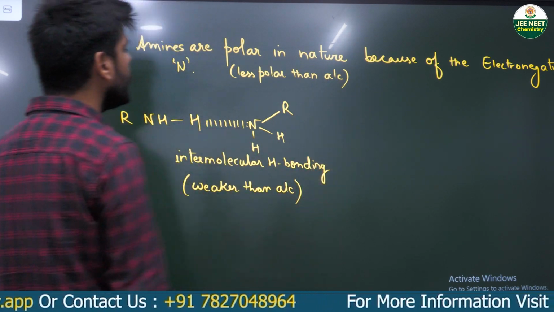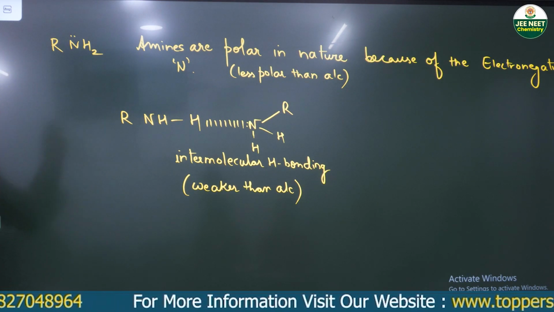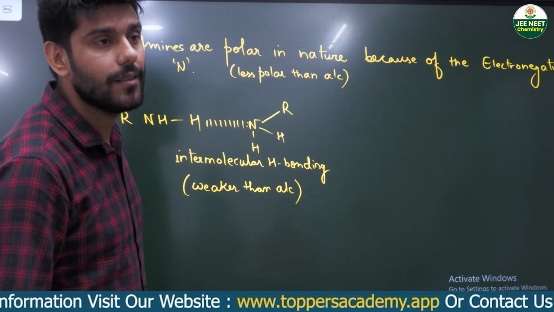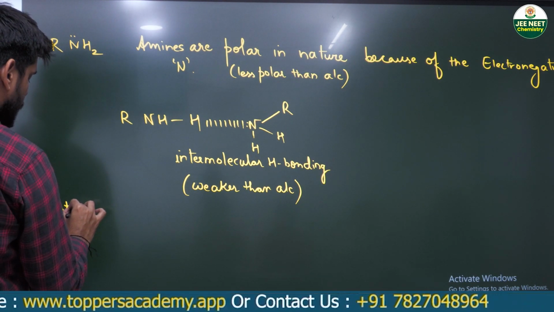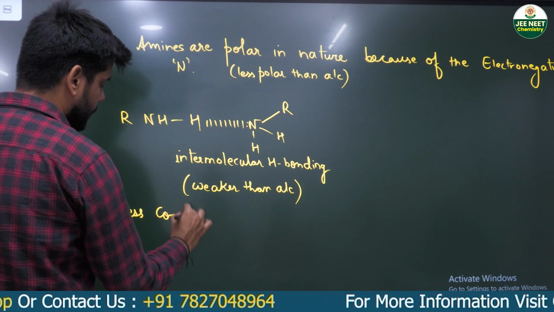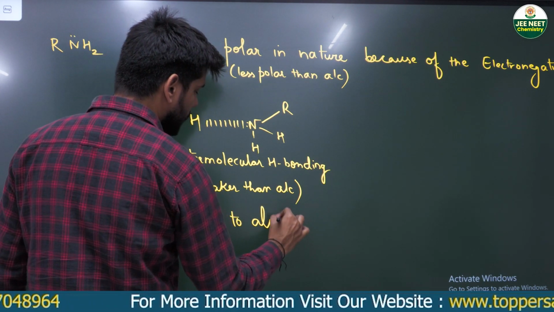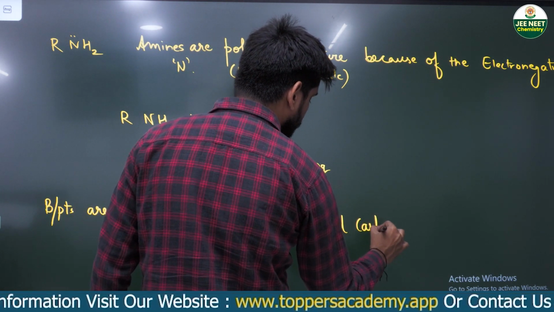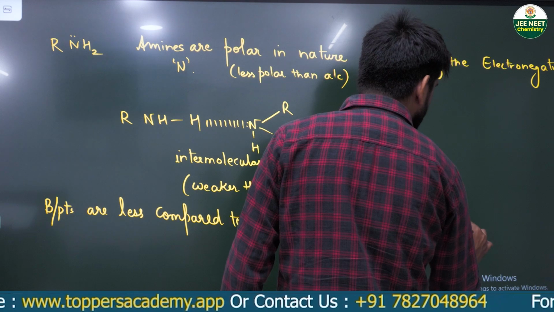So can I say their boiling points are lesser compared to alcohols of comparable masses and also to carboxylic acids of comparable masses? Yes or no? So boiling points are lesser compared to alcohols and carboxylic acids of comparable masses.